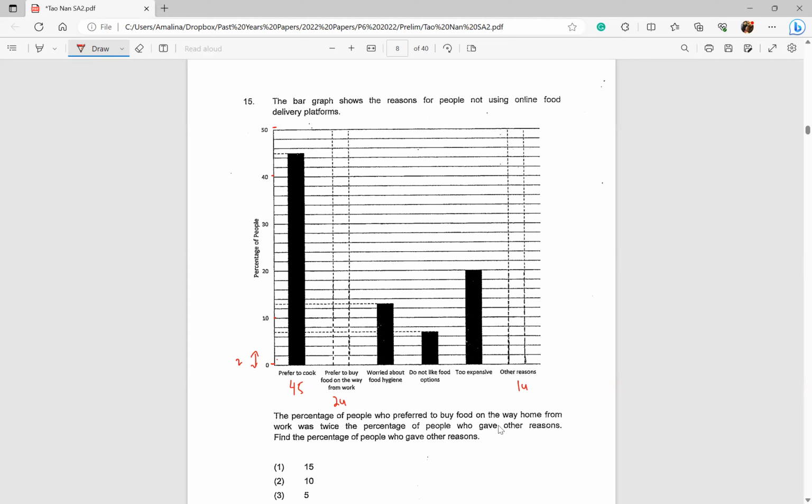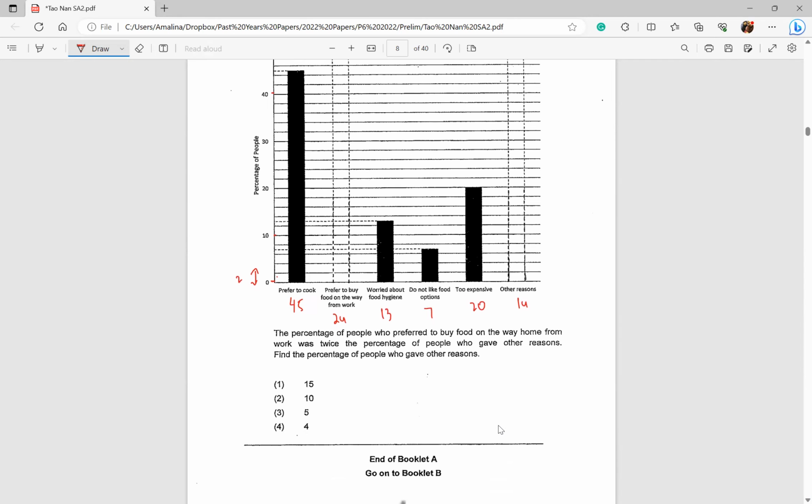For the one that is worried about food hygiene, this is 12 but the number is between 12 and 14. So I know that worry about food hygiene is 13. Do not like food options: 6 and 8, so in between will be 7. Too expensive is 20. So these are the percentages for the other reasons.